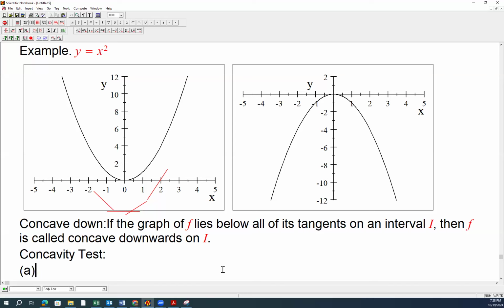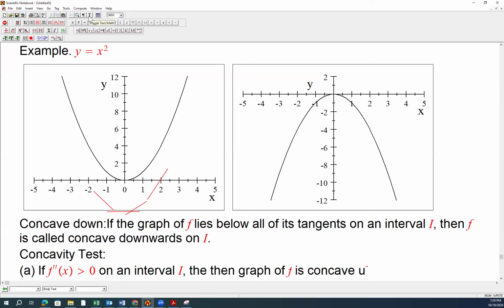If f double prime is positive on an interval I, then the graph of f is concave upward on I.